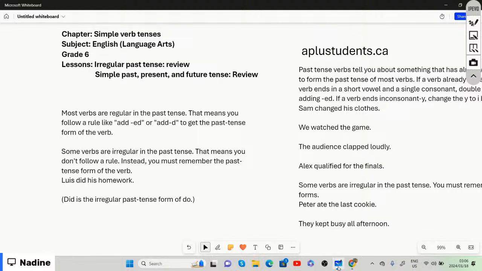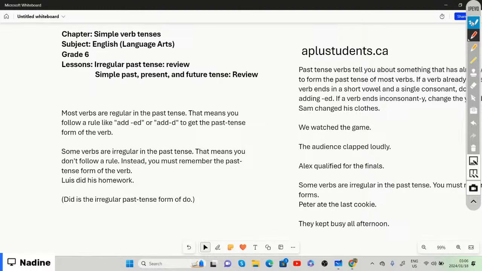So most of our verbs are regular in the past tense. And when we say that the verbs are regular, it means that they are following a specific rule. For example, you either add an ed or you add a d to a specific verb to get the past tense form of the verb.